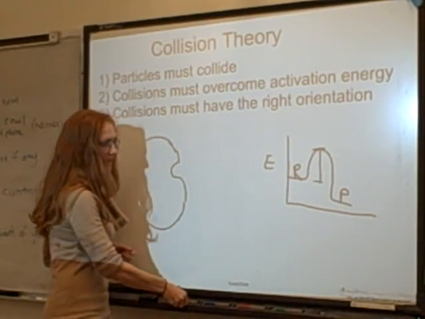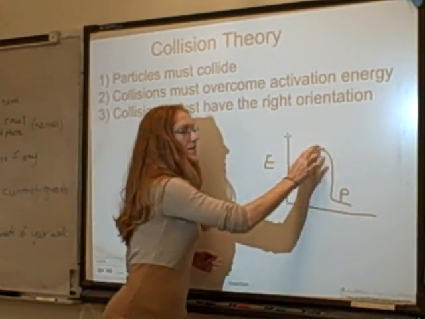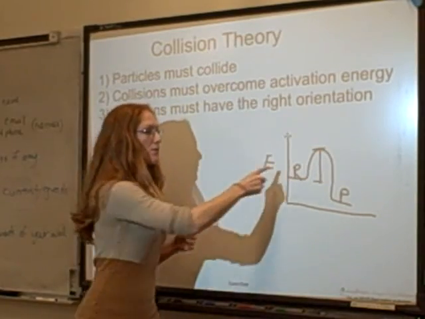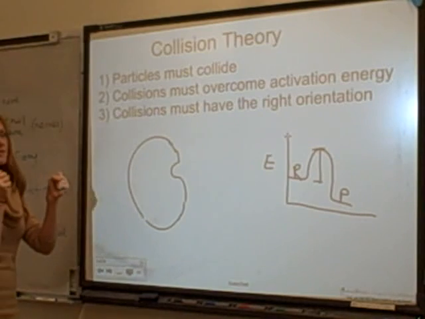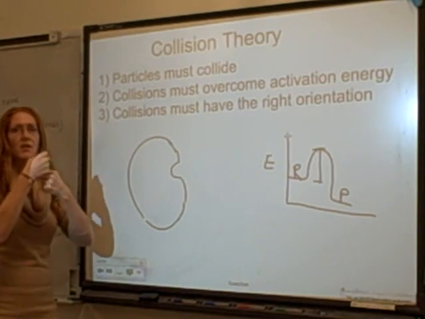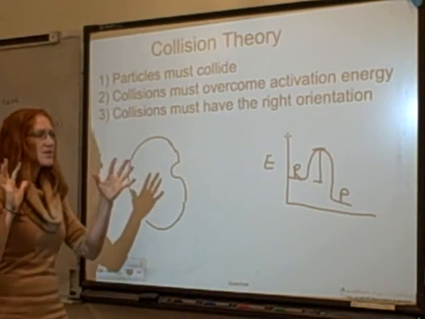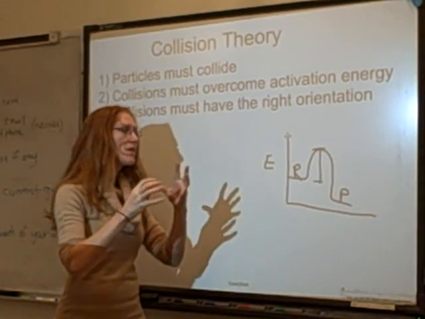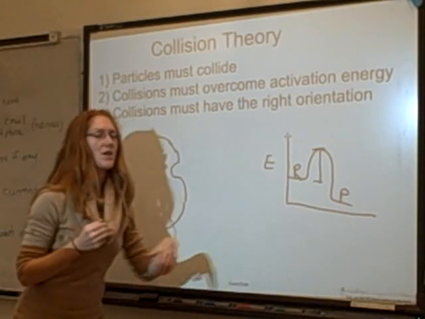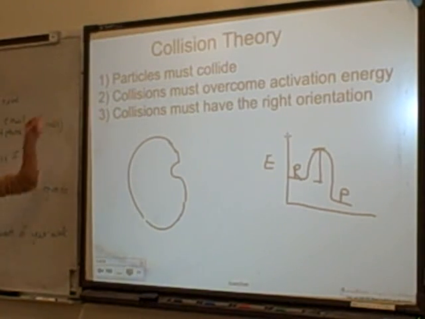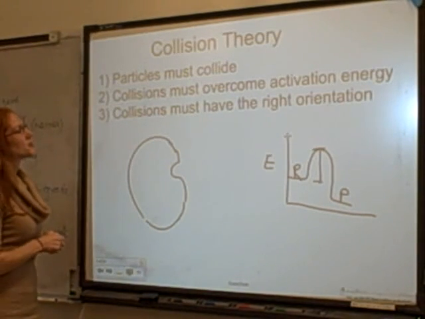And some of that could be making your reactants less stable, so they're more likely to go through the change of reacting. So you could have initial bonds in your reactants, and this collision could break some initial bonds in your reactants, make them unstable, so they'll form a new arrangement, which is going to be your products. So number 2, collisions must overcome activation energy.